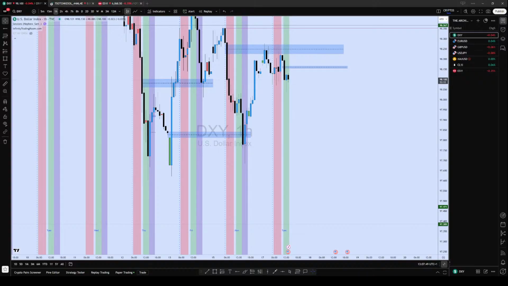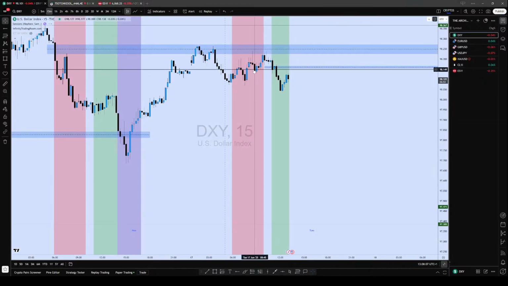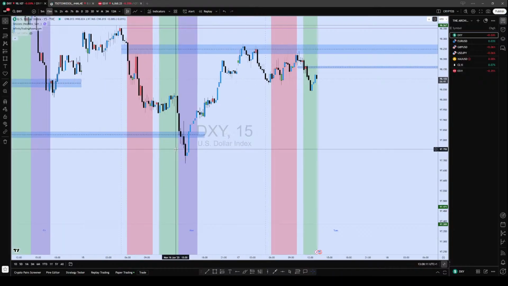So let's see what price is likely going to do. Okay, I would like to see them maybe dip into this level here and then expand down.